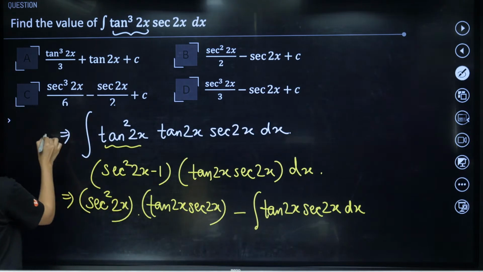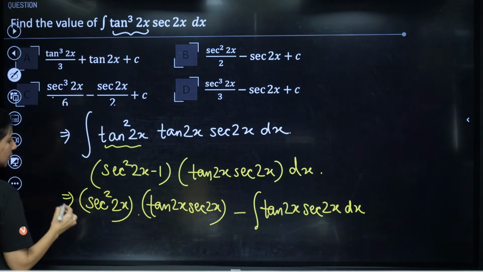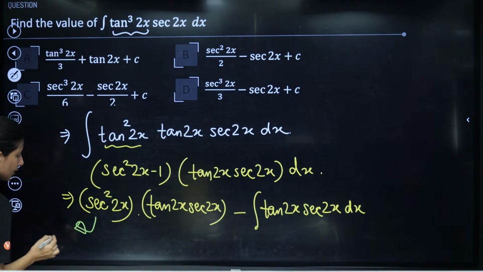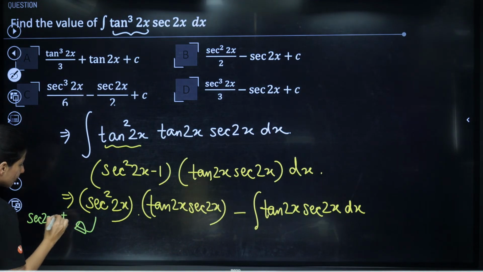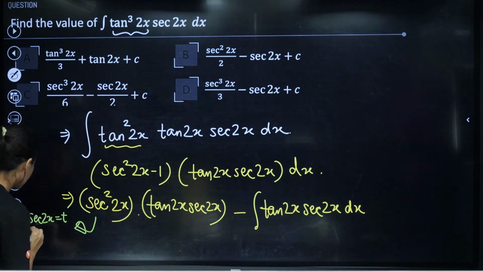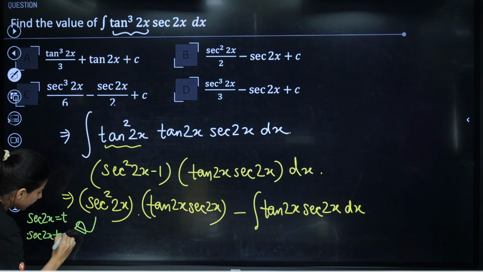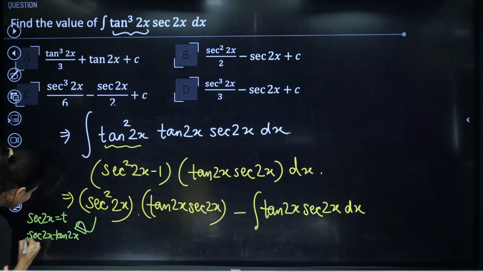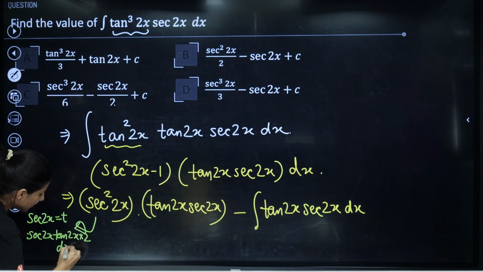To solve this, what I'm going to do is put sec 2x equal to t. The derivative of sec x is sec x tan x. So this is sec 2x tan 2x into 2 also will be there, and 2 dx will become dt.